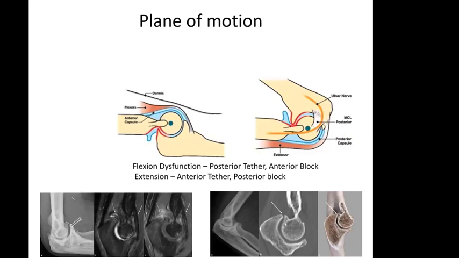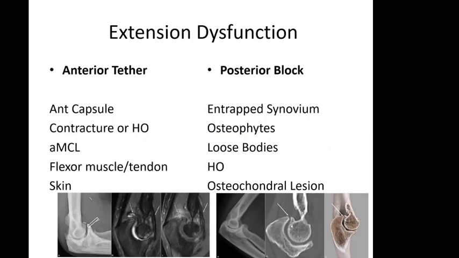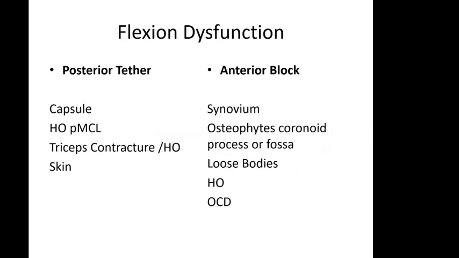An anterior tether and a posterior block would lead to an extension deficit, while a posterior tether or an anterior block due to any of these reasons would lead to a flexion deficit.